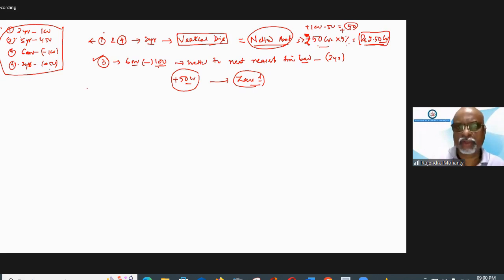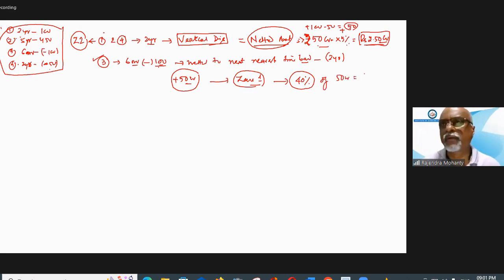Zone 3 is more than 3.6 years, so this belongs to zone 2. So there is inter-zone netting here, and the horizontal disallowance will be 40%. So 40% of 50 crore.